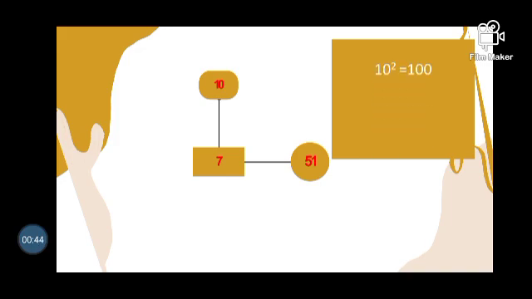Now, 10 squared is 100, and 7 squared is 49. Squared is multiplying a number by itself. So 10 times 10 is 100, 7 times 7 is 49. If we do a quick subtraction, it equals the 51 you have there, right? So it is simply 10 squared minus 7 squared.